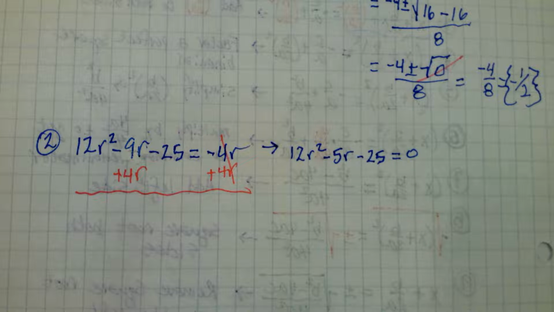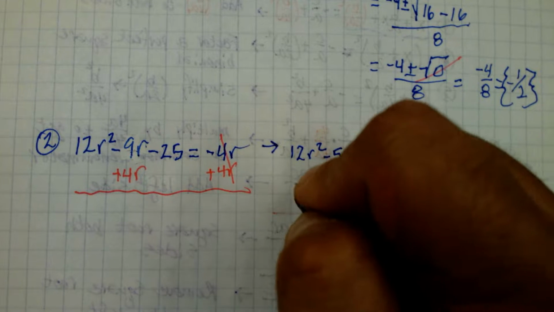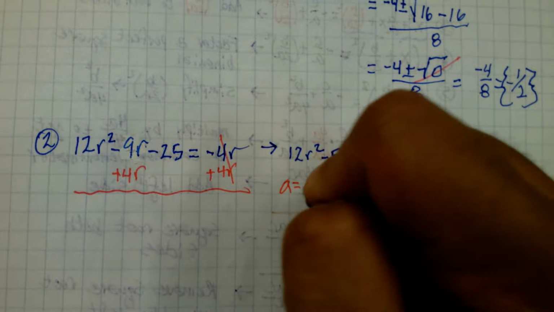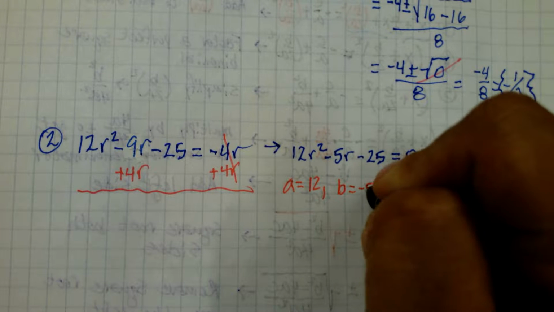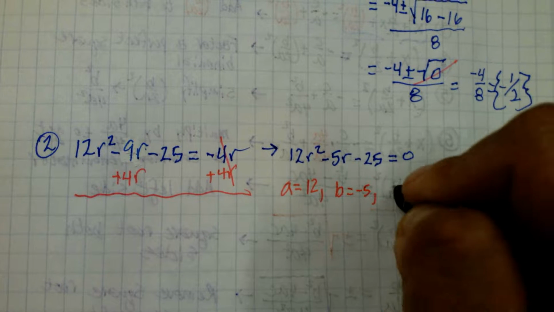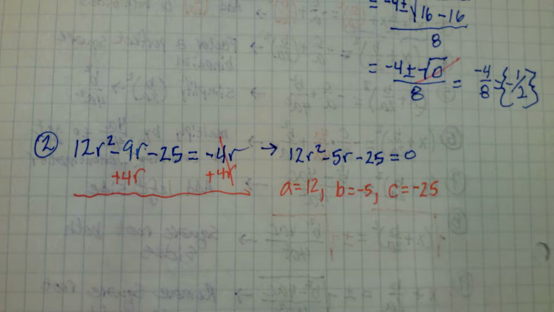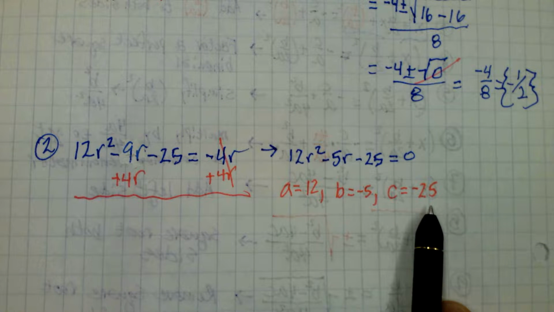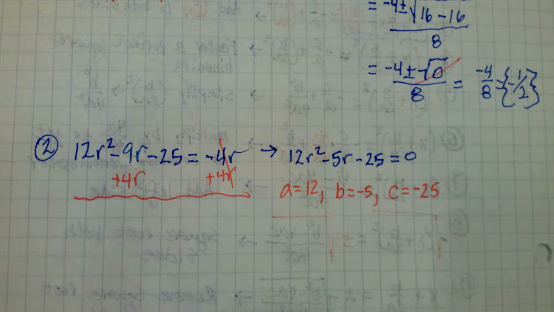And now, once it's equal to 0, let's figure out our a, b, and c values. A is 12. Okay, so we got 12, negative 5, and negative 25. Okay, so let's go ahead and plug all that in.